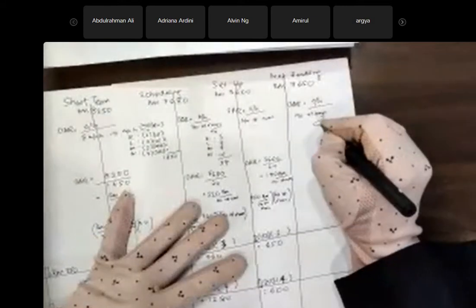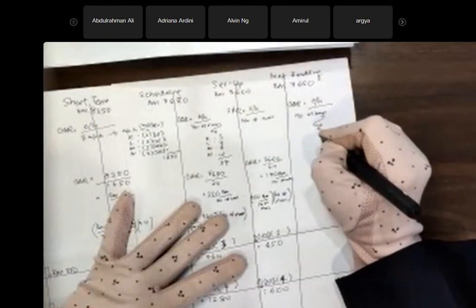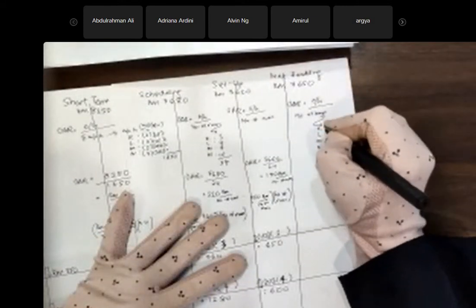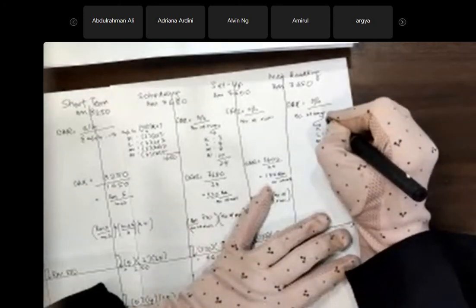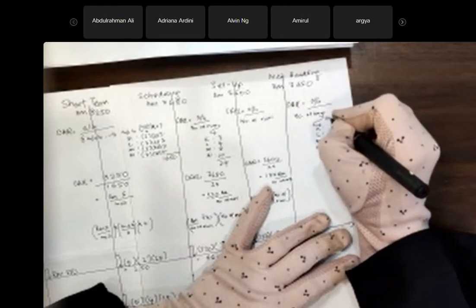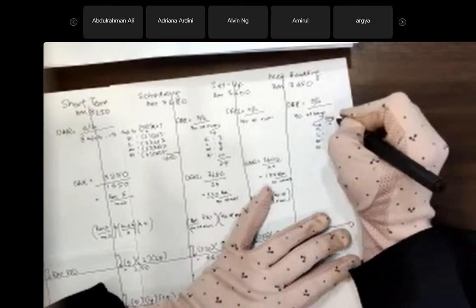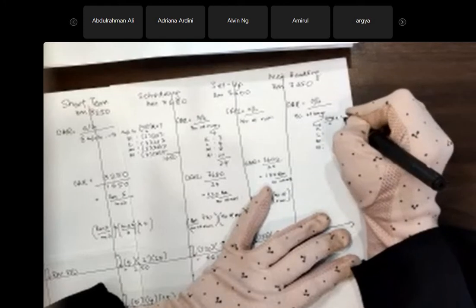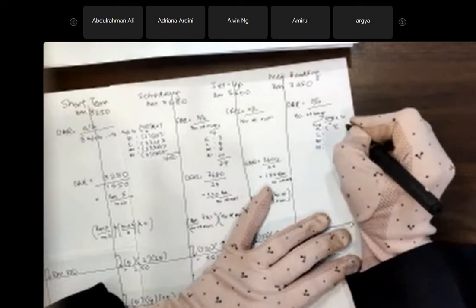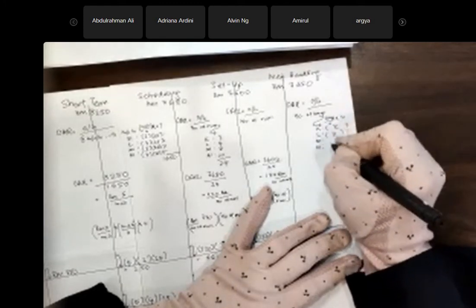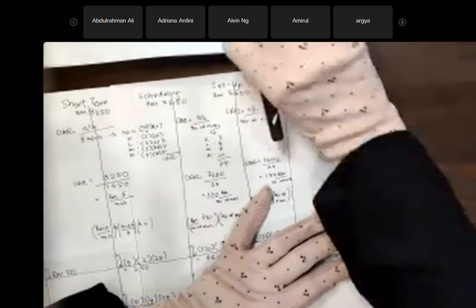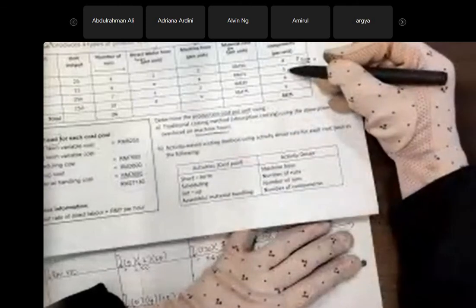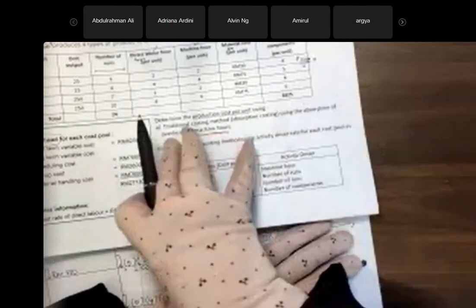Now go to this part, number of components. You have K, L, M, N to calculate one by one. The unit is components per unit, so you have to multiply with the unit. What is the component per unit? 8, 5, 8, 6.